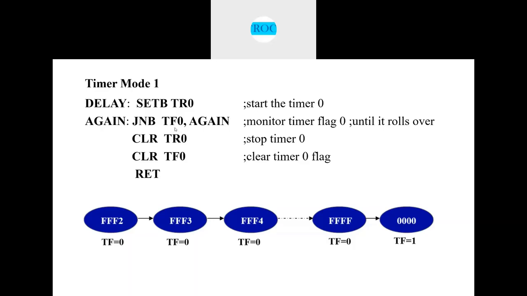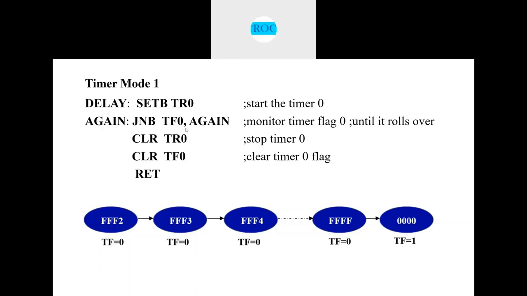If there is an overflow from timer 0, that's the reason we have selected the bit as TF0, right? Jump if no bit means it has to execute this instruction again and again till the bit is set to 1.